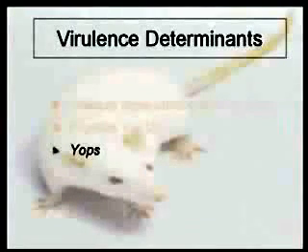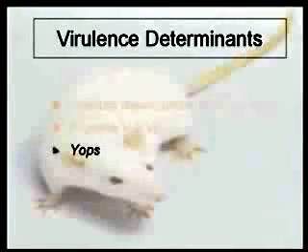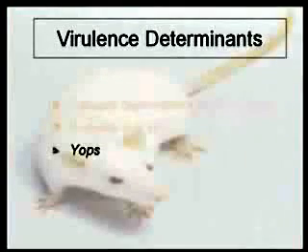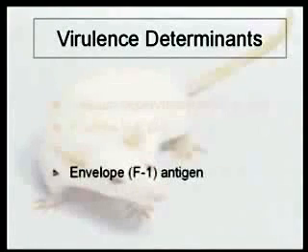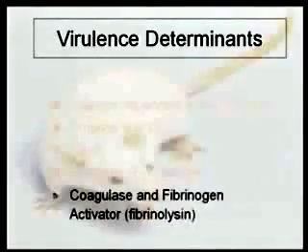I will talk about that later. YOPs, Yersinia outer membrane proteins, it stands for, and there are several of those. Envelope F1 antigen, that is the capsular antigen or capsule. Coagulase and fibrinogen activator, fibrinolysin. Those are involved in spreading, the breaking of the clots and spreading through the body.